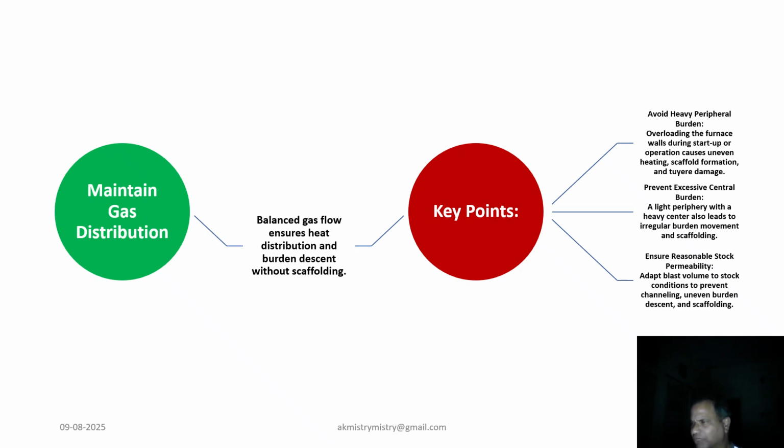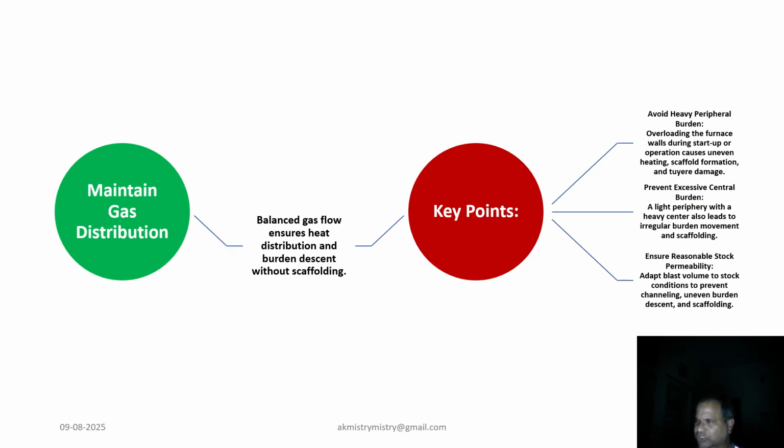Overloading the furnace wall during startup or operation can cause uneven heating, scaffold formation, and damage to the tuyeres. Conversely, prevent excessive central burden. A light periphery combined with a heavy center also leads to irregular burden movement and scaffolding.